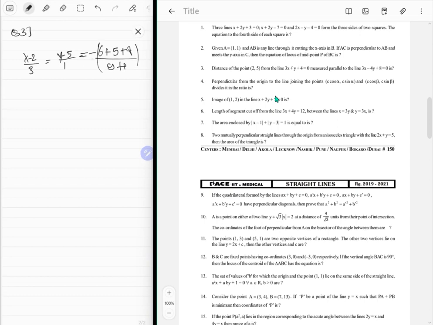Yes, this will be negative 15 upon 10, which is negative 3 upon 2. And that means, oh, you don't actually need to know what x and y are. You just need to know what x minus 2 and y minus 5 are, because then you know the vector. So x minus 2 is negative 9 upon 2, and the other thing is negative 3 upon 2. So these are the vectors.